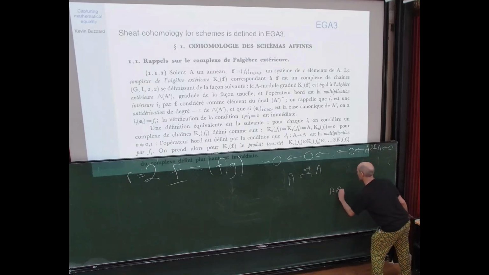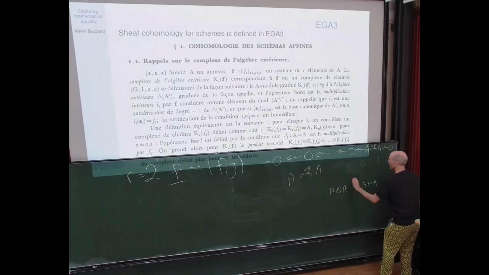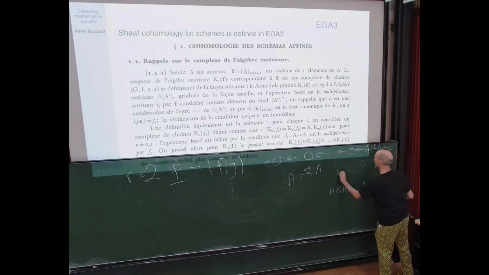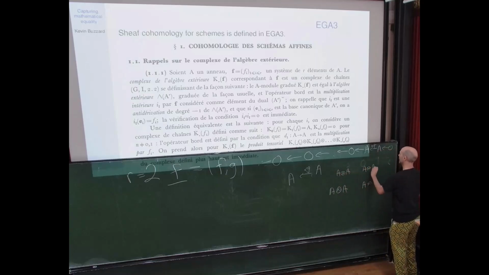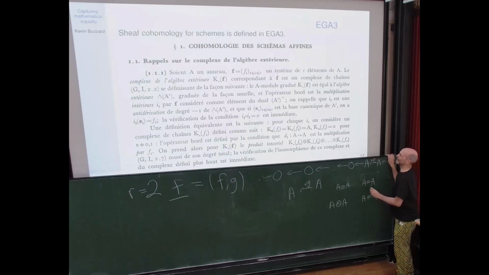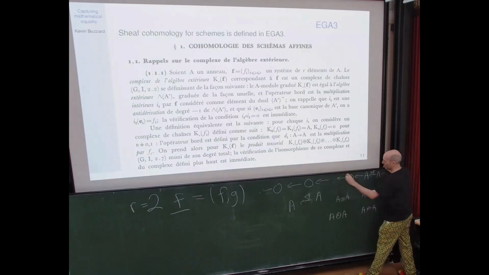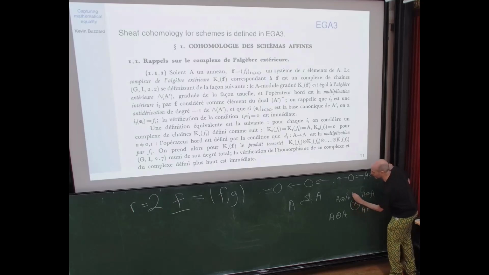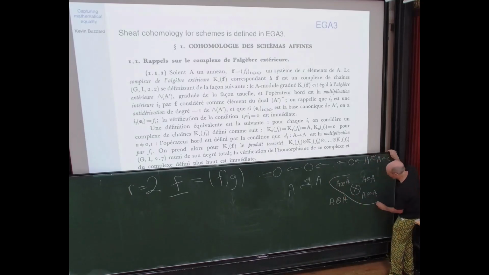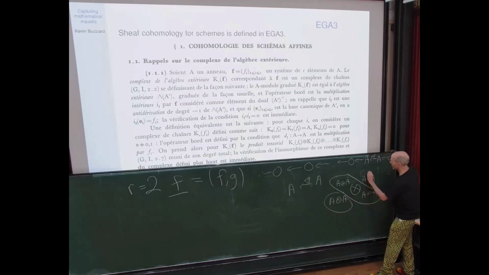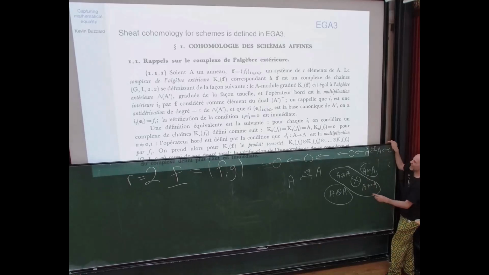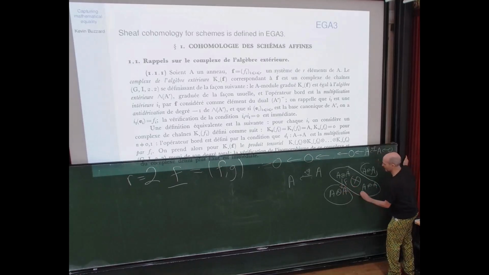It's going to be A tensor A, and then A tensor A. So now we've got a big square: A tensor A and A tensor A. And now we're going to get a double complex, but we're supposed to have a complex, so now we add these up, and we're going to collapse the double complex to a single complex with 3 non-zero terms, and we're going to make the maps. This is going to be f, and this is going to be g, and this is going to be f, and this is going to be g.